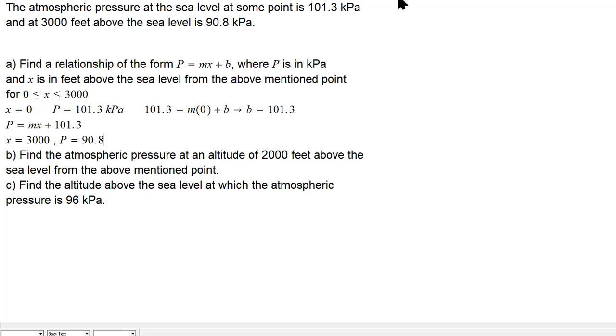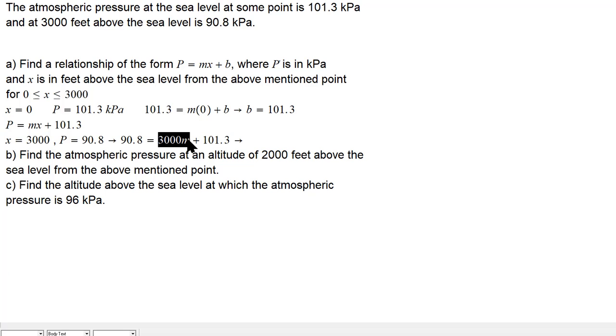So what would this give us? We substitute that into the equation that we have already simplified. So this is 90.8, all right. And x is how much? X is 3000, right?